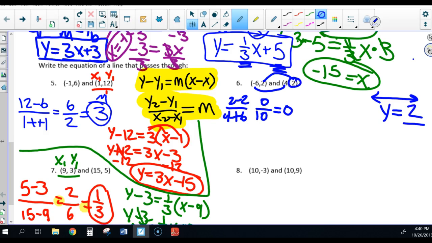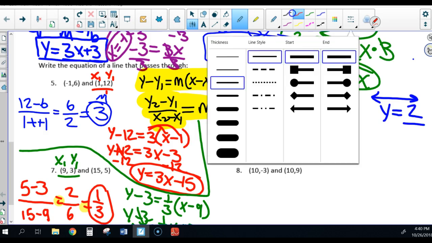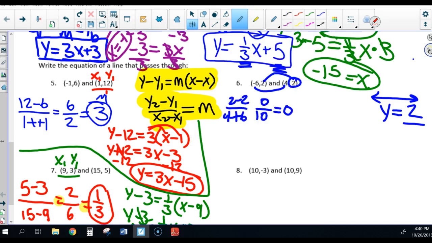But let's say you forgot that. 0 is a normal slope. We treat it like it's different, but it's not. So if we go through the normal process, we can use the point slope formula. Y minus y1, I'm going to use the second point, the positive point. So y minus 2 equals m, which is 0, times x minus 4.